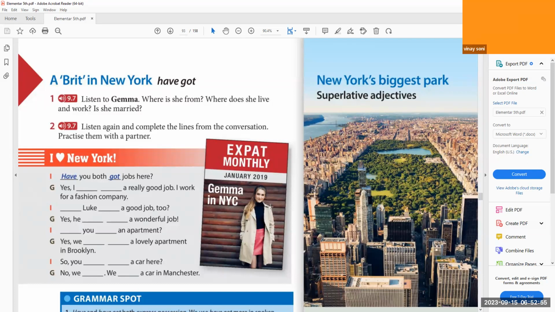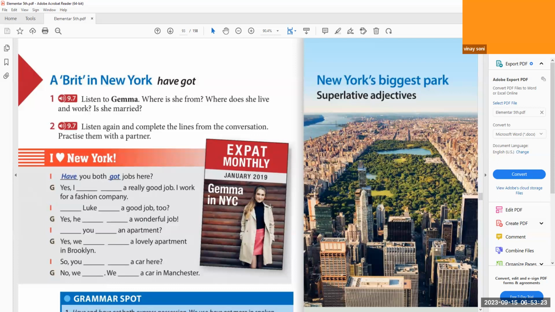It's as simple as 2 and 2 makes 4. What is the part of speech of the word Brit? It is a noun.